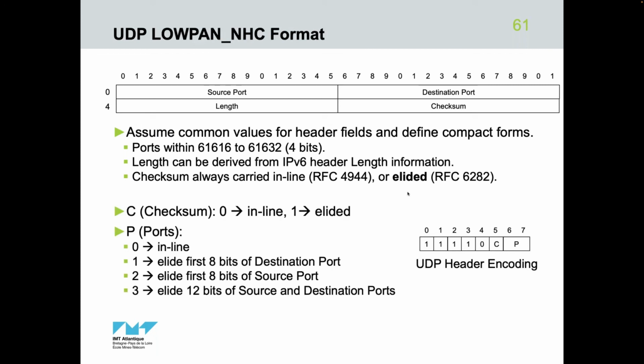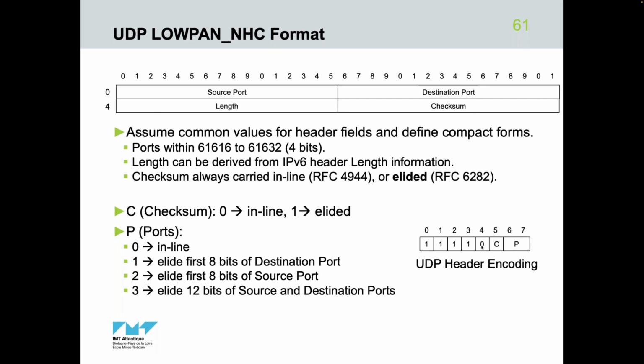Now, in the figure here, the UDP header encoding format, which consists of 8 bits, is illustrated. According to RFC 6282, we have the first 5 bits, which are the dispatch value.